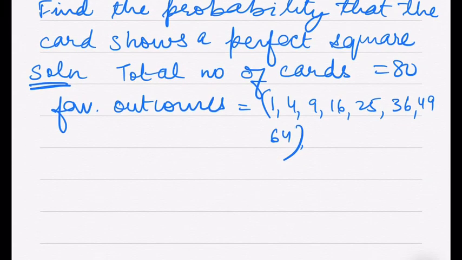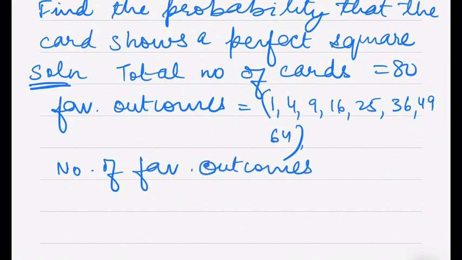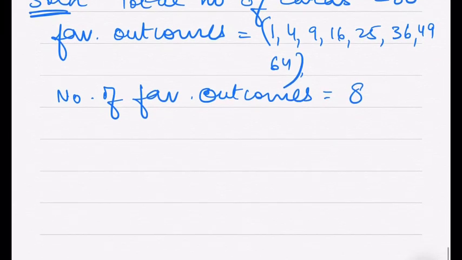So that will be greater. So only these will be my favorable outcomes. So now number of favorable outcomes will be equal to, we can count these. So 1 2 3 4 5 6 7 8. We know 1 square to 8 square, so we can just easily find out that number of favorable outcomes are 8.